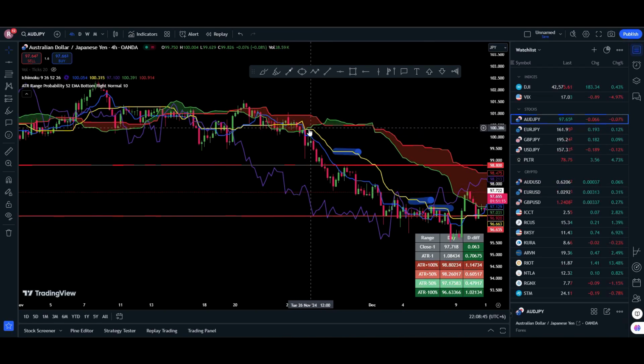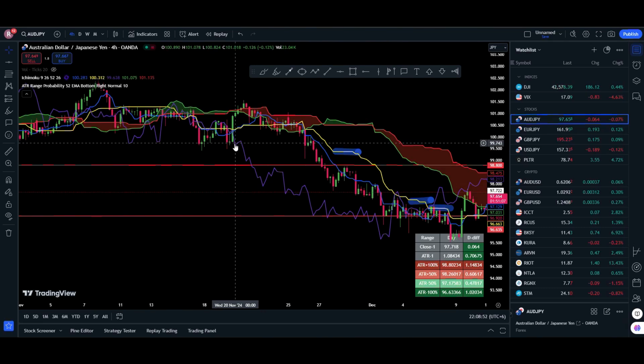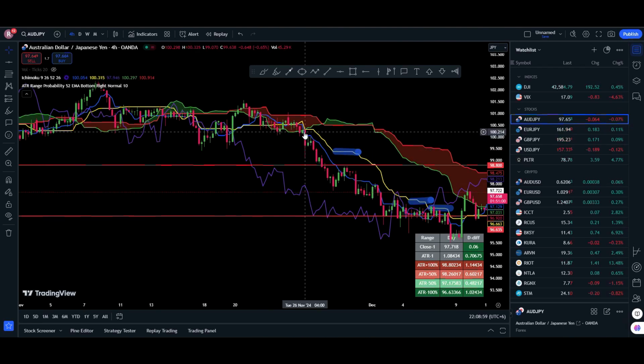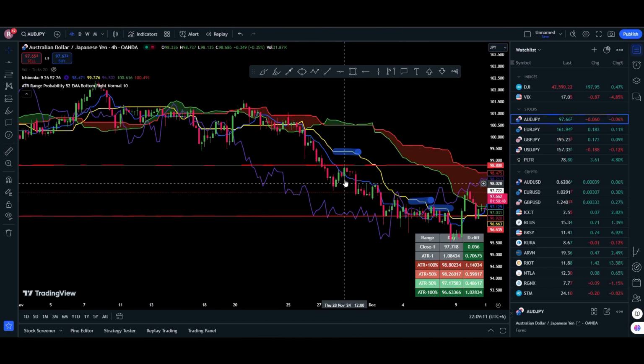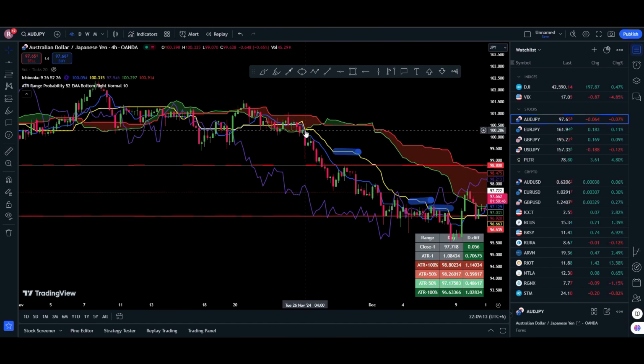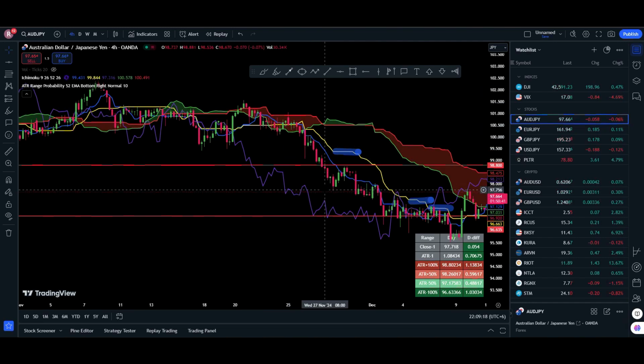The blue line was below the yellow line, and the lagging span was also below the 26th price. So if we open a trade here, our stop loss based on ATR should be somewhere here. I don't know the exact ATR value, and we will always go for 1:2. So 1:2 means that if the ATR value is 100 pips, we will target our profit at 200 pips.